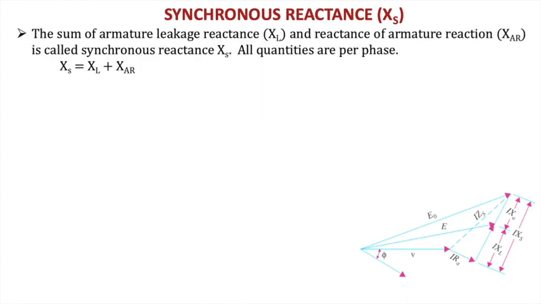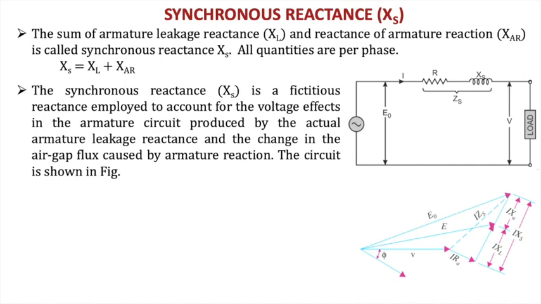Now this is the phasor diagram which you can see at the bottom. Because the leakage reactance and the armature reaction reactance are both inductances and the same current flows through both, they can be assumed to be in series, and hence we can add the two and make a single term known as the synchronous reactance.